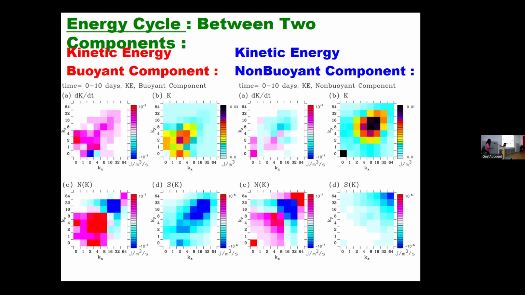And the first thing to notice is that the kinetic energy of the buoyant component is very large with respect to the non-buoyant component, confined to small scale. But this is already puzzling because the conversion of potential energy to kinetic energy is going on at small scale.